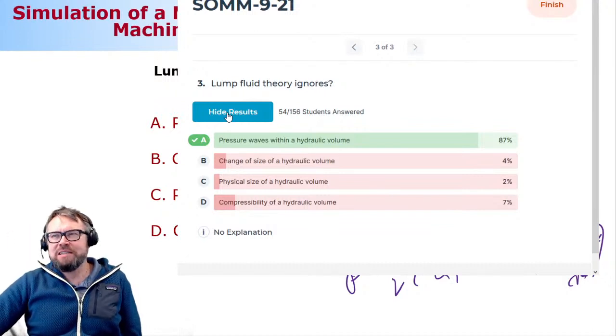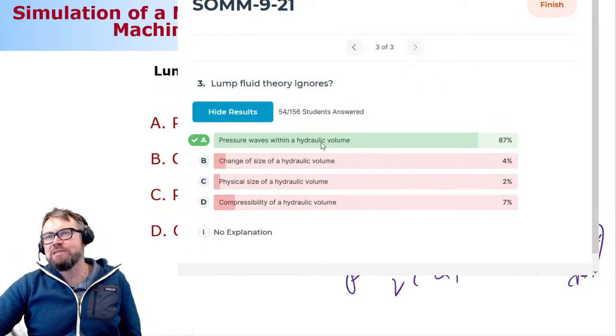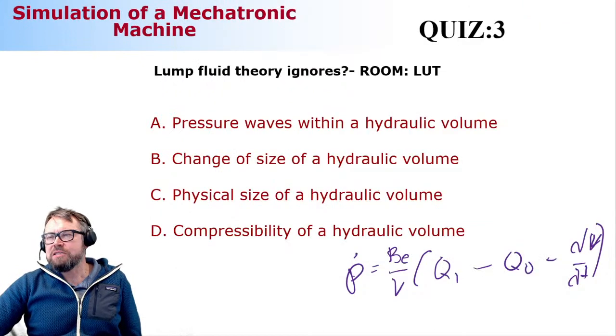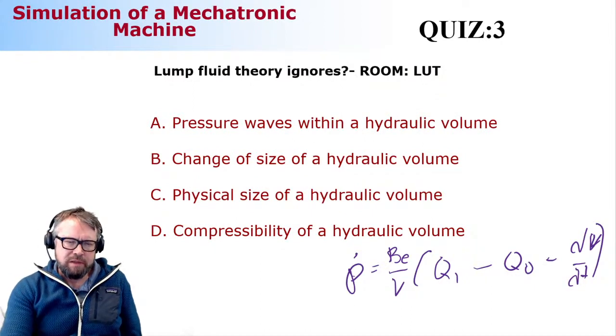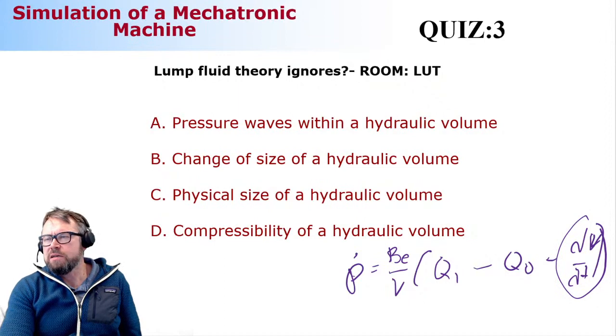So we are not taking the pressure waves in hydraulic volumes into account. So we don't do that. Why? Because we are assuming the pressure to be equally distributed. I repeated that many times actually. And other things, like the change of the size of the hydraulic volume, it's the one that is here. This one is accounted. Physical size of the hydraulic volume, it's this one here, so it is accounted.